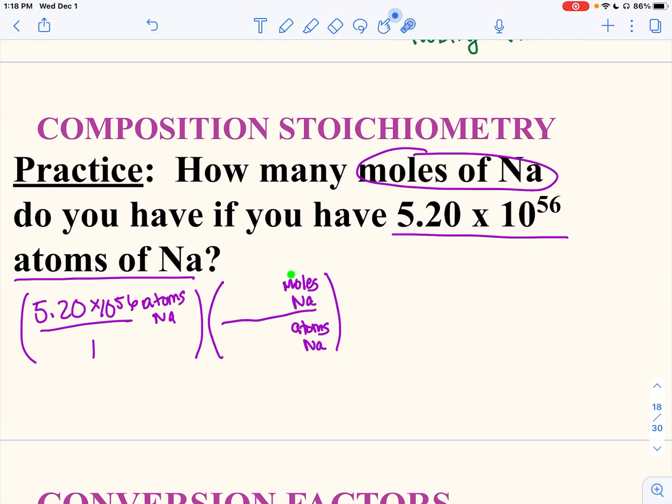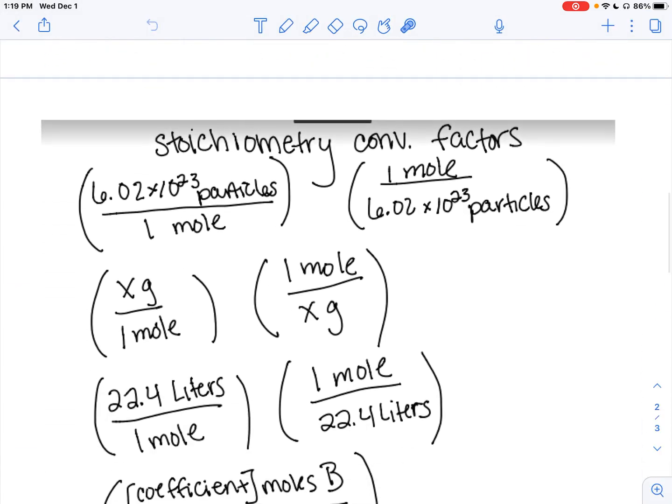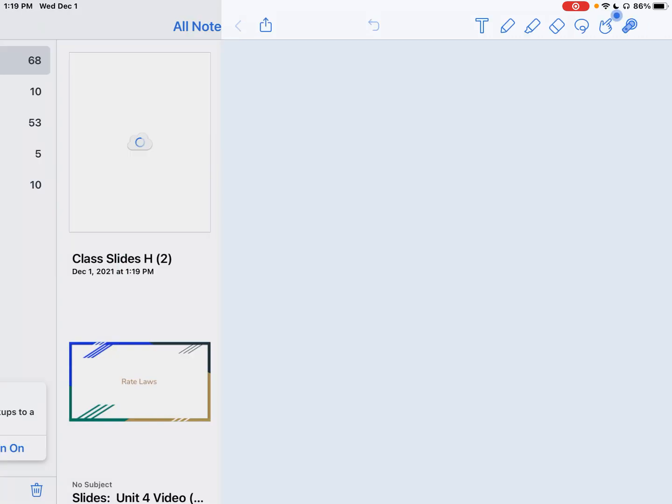You need to take your units, moles on top, particles on the bottom, and you need to go to your quick guide and match that up with one of your factors. So we have moles on top, particles on the bottom, so we need to pick this factor. It's the same numbers, but it's in a different orientation. So instead of having 6.02 times 10 to the 23rd on the top, we're going to put it on the bottom.